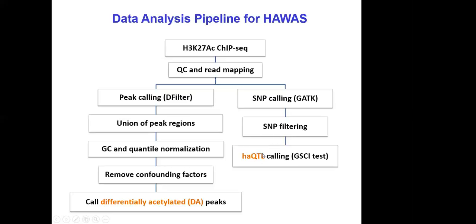And so the assumption is that the expression QTL is a genetic variant that affects gene expression in the population. By analogy, the haQTL is a genetic variant that affects histone acetylation, or at least correlates with histone acetylation variation in the population.